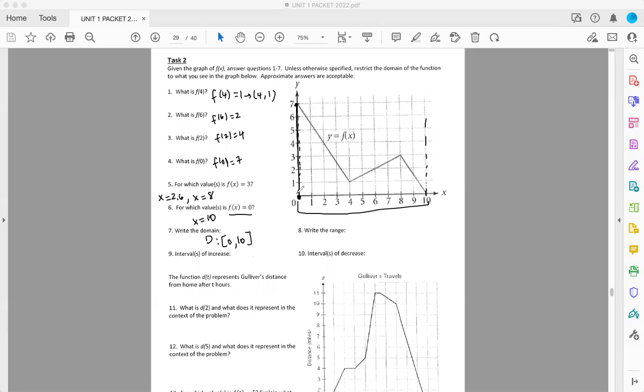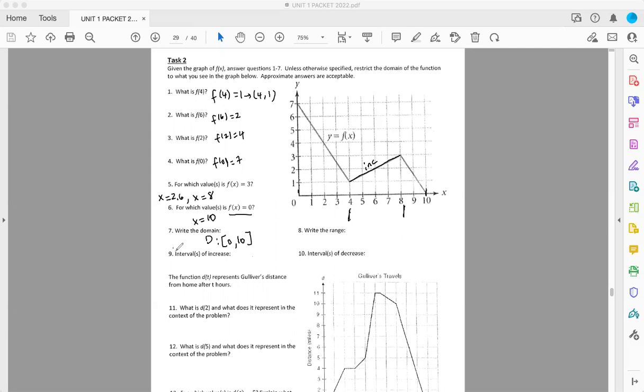Interval of increase, that's a different question. So interval of increase, that means tell me where the graph is going up. Where is this graph going upward? This is increase right here, and that's the only place where the graph is going up. So how do I put that interval? I would say from 4 to 8. You're saying between 4 and 8.